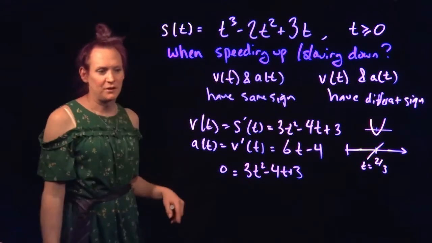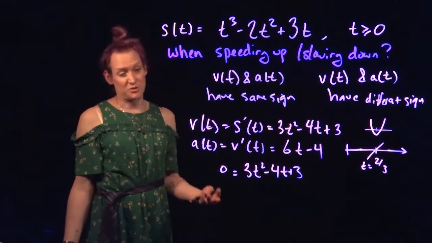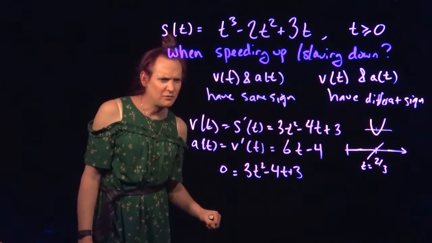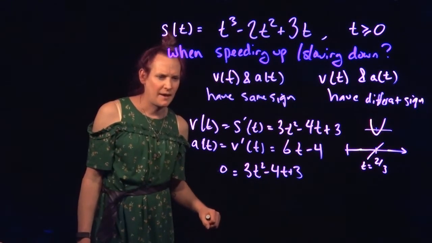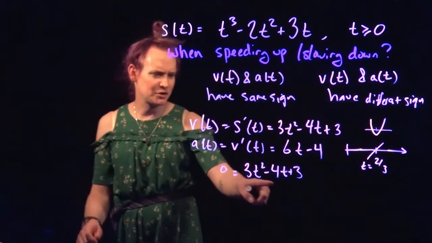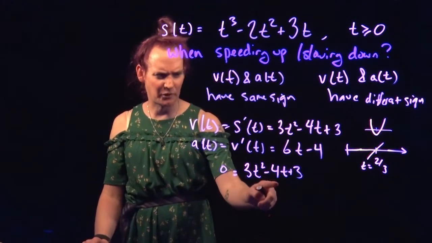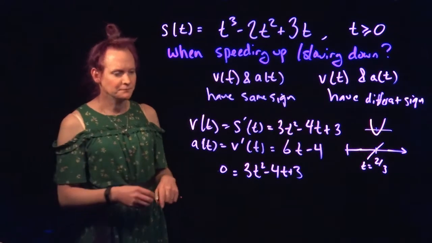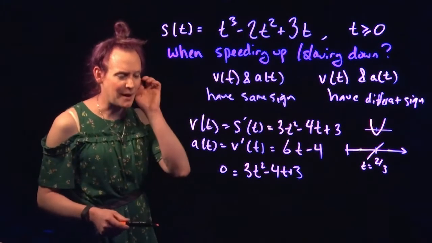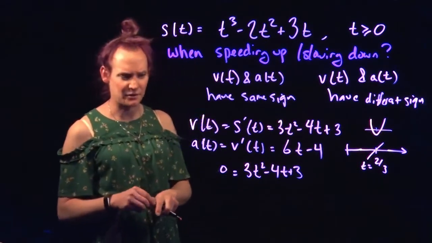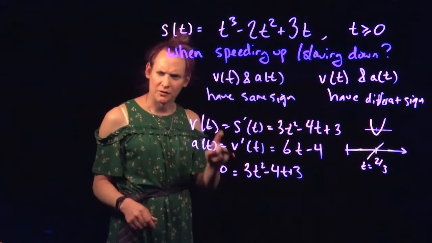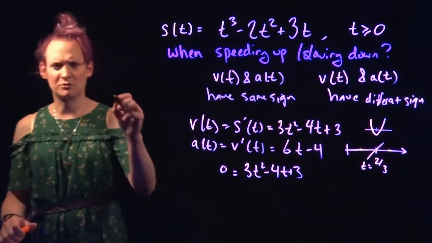I think I'm going to use the quadratic formula on this because I don't know how to factor it offhand. If I divide by 3, I'm going to end up having a 4/3 here. I think this thing is irrational, so I don't think I can do that by factoring. Let's see here. So I need the quadratic formula.